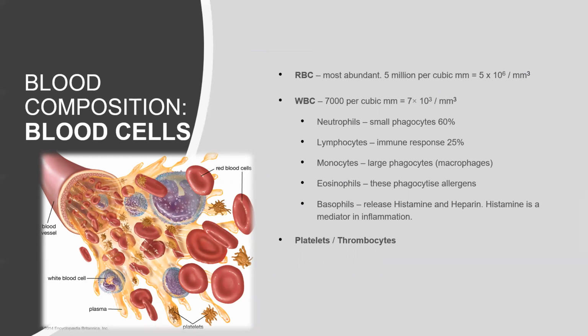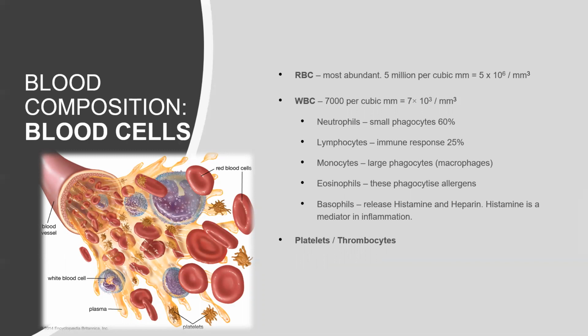Buffy coat contained leukocytes and thrombocytes. Leukocytes, or white blood cells, are much less common than red blood cells, and their role is also very different from that of red blood cells. They're primarily involved in immune responses, recognizing and neutralizing invaders such as bacteria and viruses.